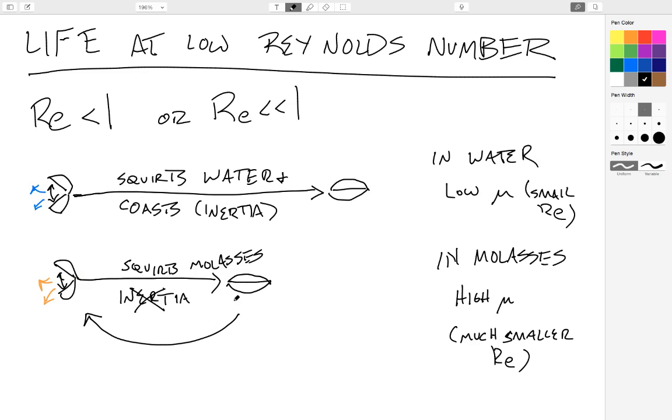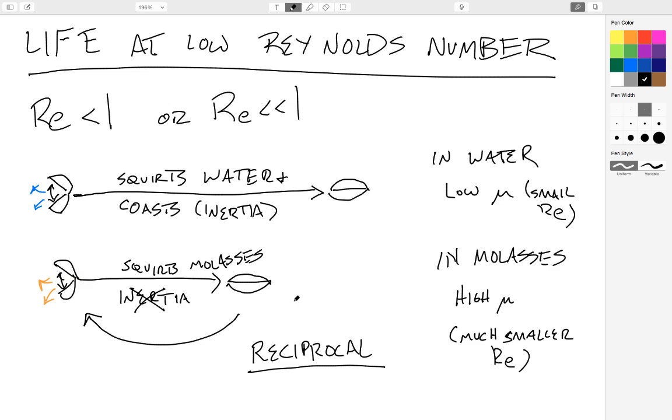And the reason it stays in the exact same place is because there's no inertia to help propel it forward. This is a direct consequence of a very low Reynolds number. And the technical term for this is you cannot use reciprocal motion. You cannot use a reciprocal propulsion method to move something back and forwards in a nanofluidic system.